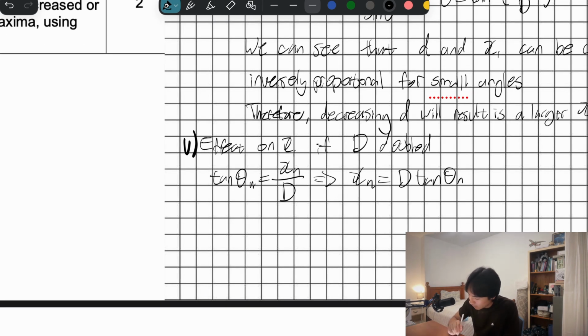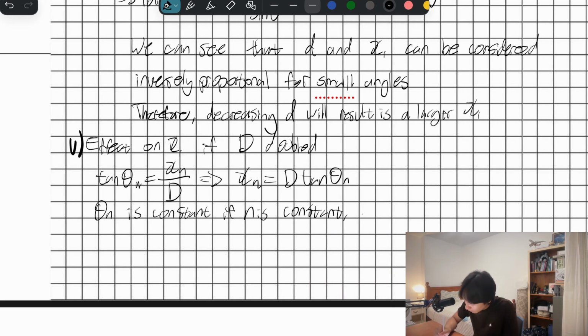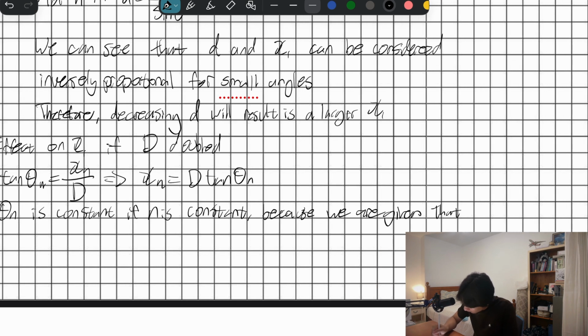And we can say that theta n is a constant if n is a constant, because we are given that the slit distance is also a constant.